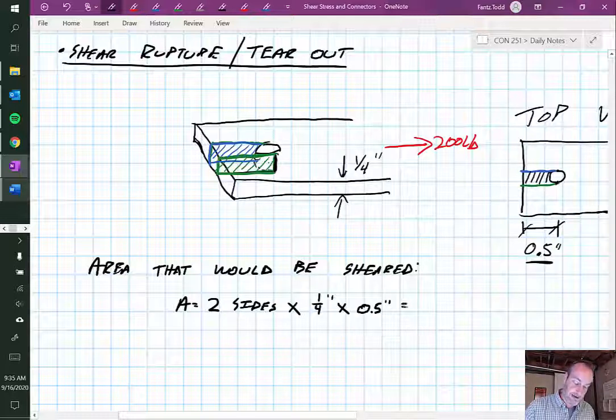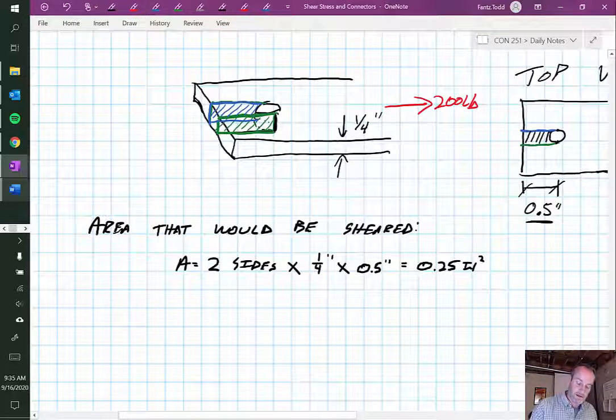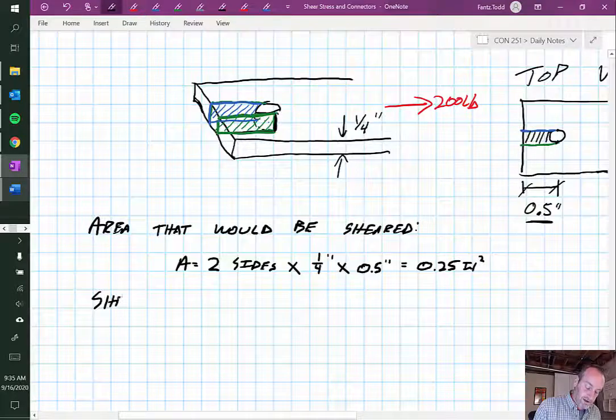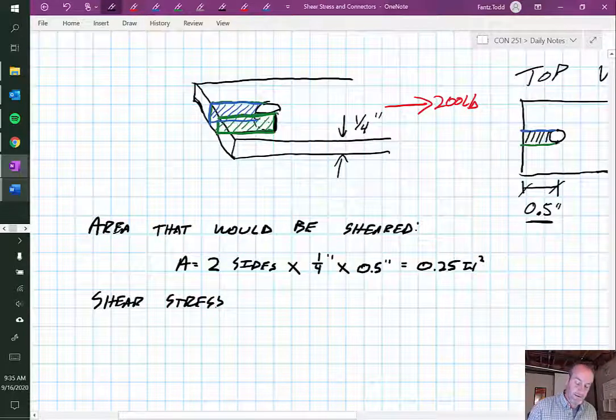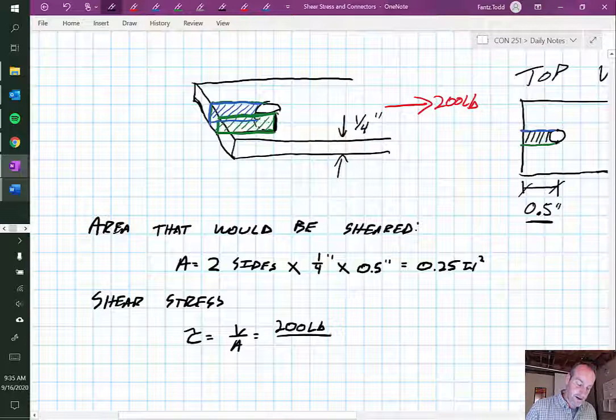So multiplying all that out, I end up with 0.25 square inches for the total area that must be sheared. So if I were to look at the shear stress on that tear out, I'm still using this V over A, same equation over and over. We're still supporting 200 pounds, but now the area is this 0.25 inches squared, and that gives me 800 pounds per square inch.